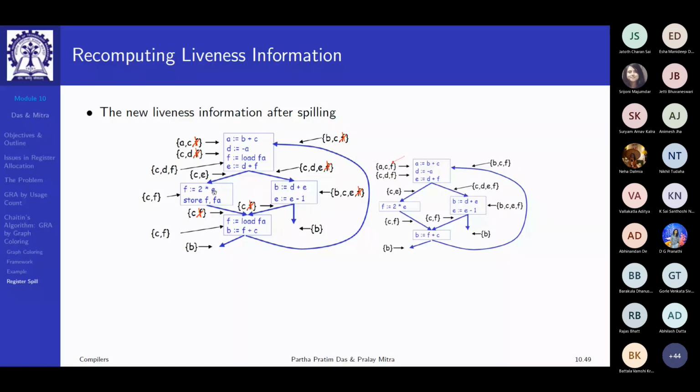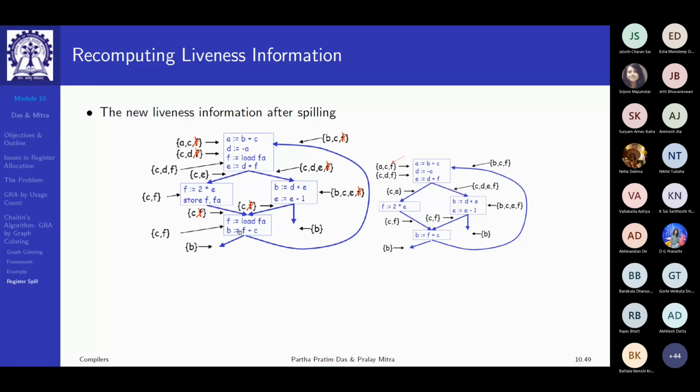Similarly, F is being defined here, so it is not live on this path either. Which says that F is defined and used within this topmost block, and it is not live on exit from the block. So I remove that.